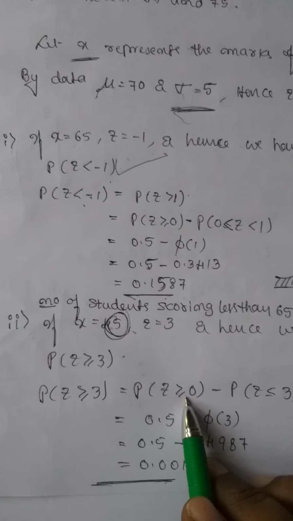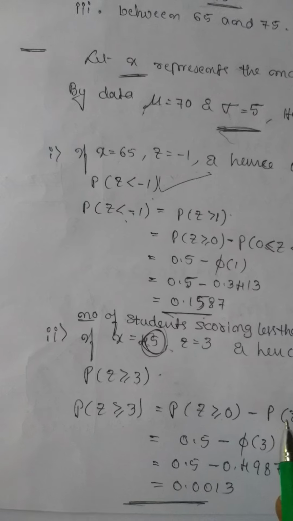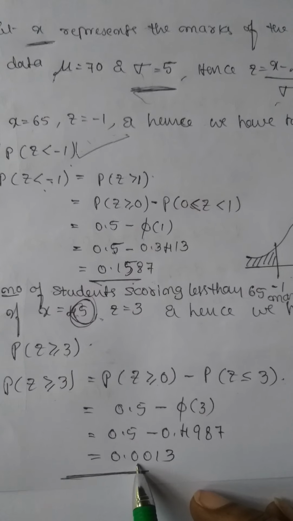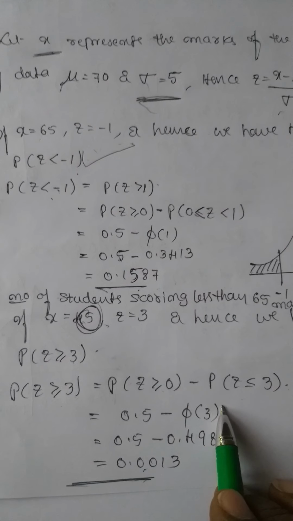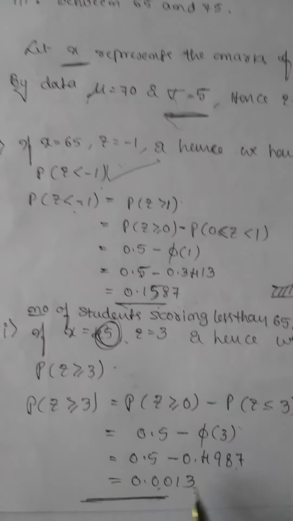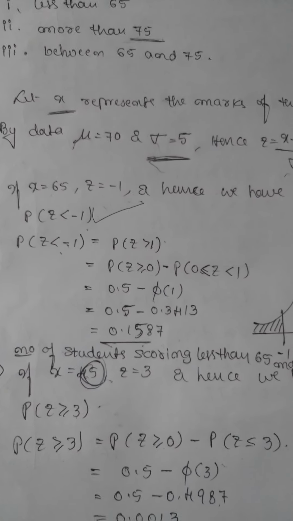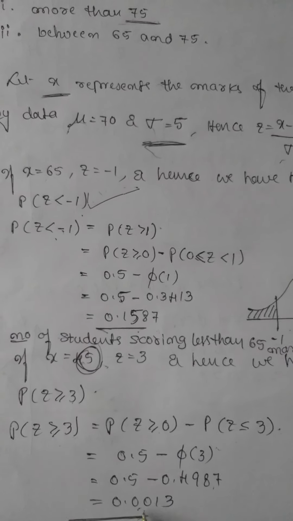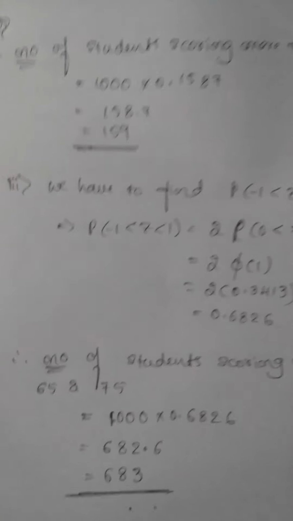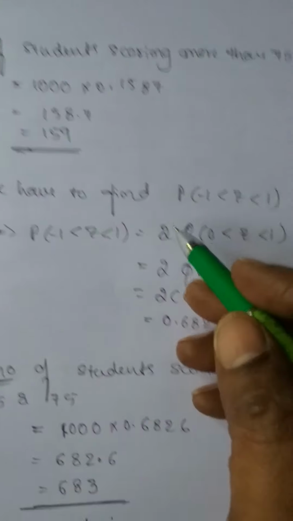Again, entire right side. From there you are going to calculate from 0 to 3. Now if you do that, you are going to get this. As usual, you can calculate all this from either the normal distribution table or from the calc sheet directly. So you are going to get 0.0013 or something. I can't stop there because I have to calculate the number of students.